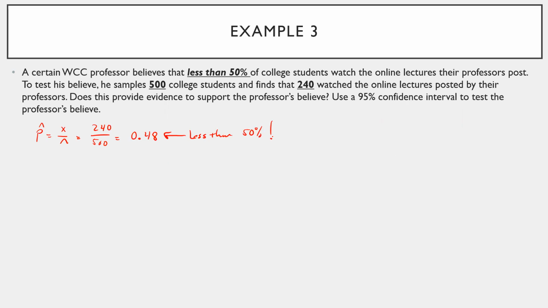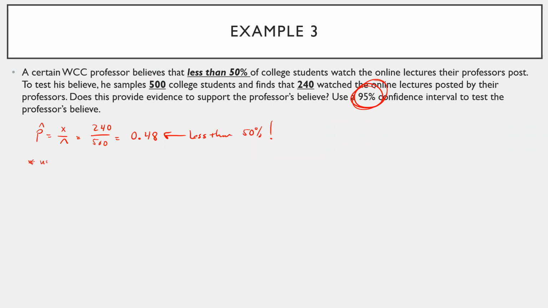So this is also an indication, like whenever you see a poll and it says something like, oh, less than half of Americans support this policy. Well, you got to dig deeper, right? So look, here's the thing. This is just one random sample of 500 college students. So based on this sample, what could the real values be? Okay. So it says use a 95% confidence interval to test what the professor believes.